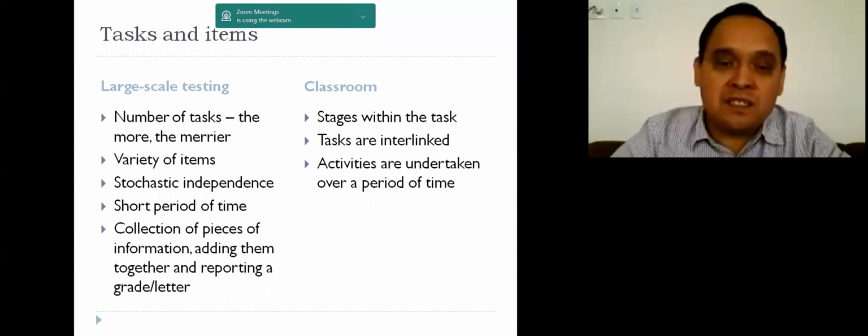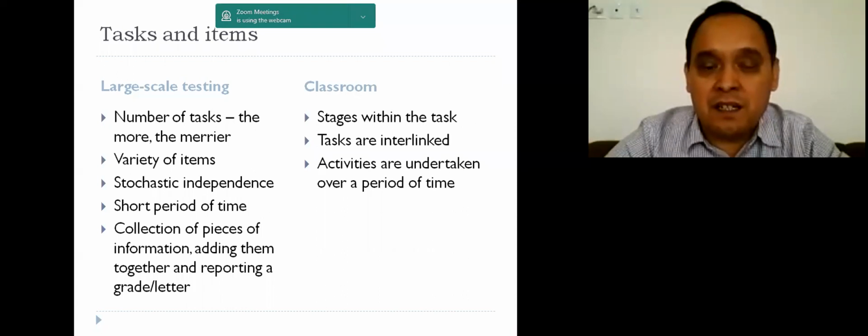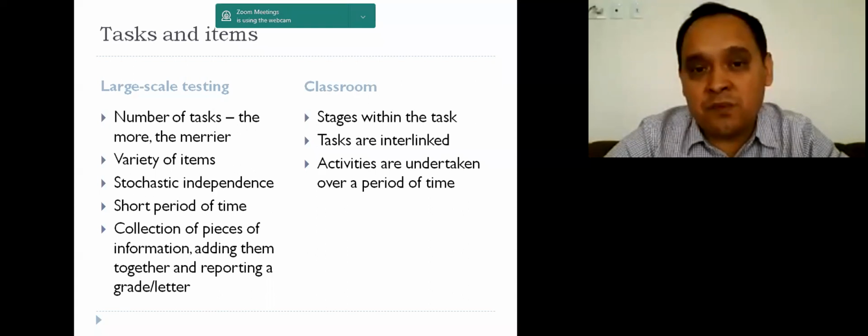And also all these tests, be it IELTS, Universal Entrance Test, TOEFL, SAT, or GMAT, are conducted over a short period of time. It can be 1 hour, it can be 3 hours. Some tests go as long as 5 or 6 hours, and that's it.